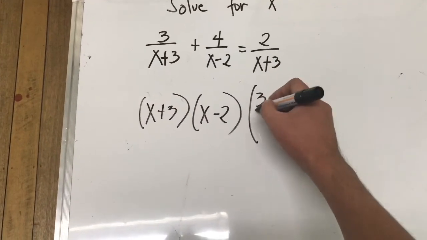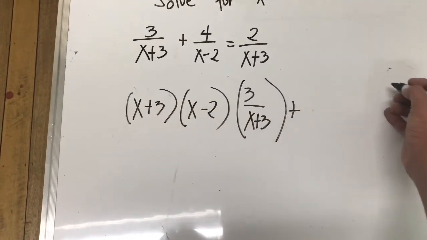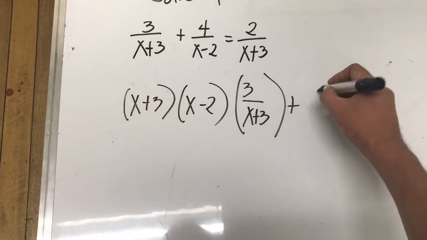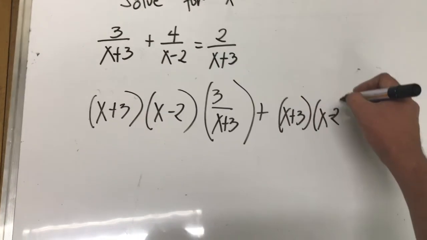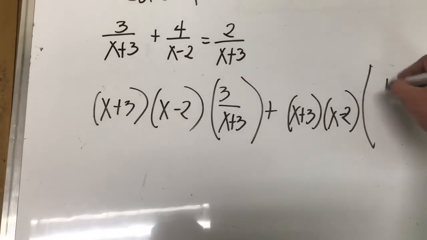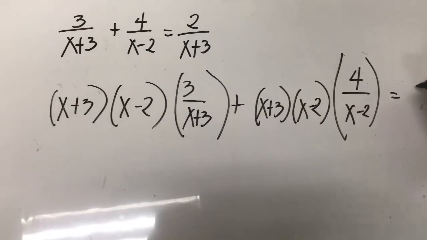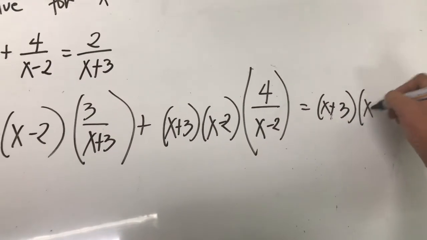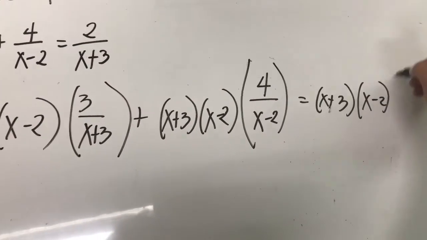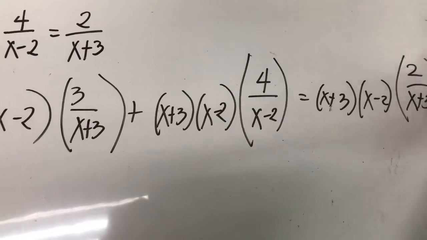So, we have 3 over x plus 3 plus 4 over x minus 2, multiplied by x plus 3 times x minus 2, is equal to x plus 3 times x minus 2 times 2 over x plus 3.